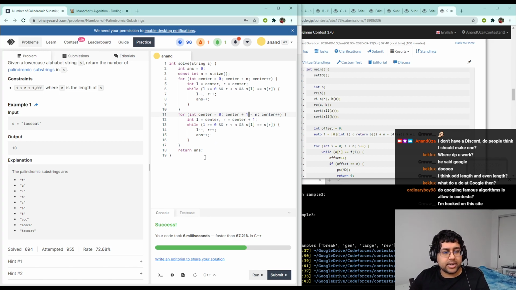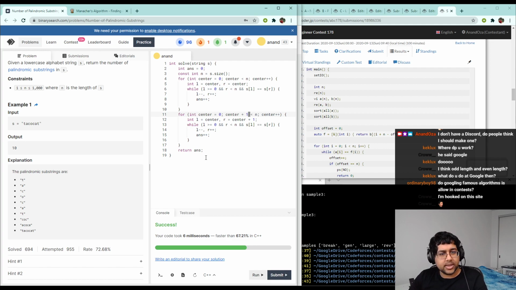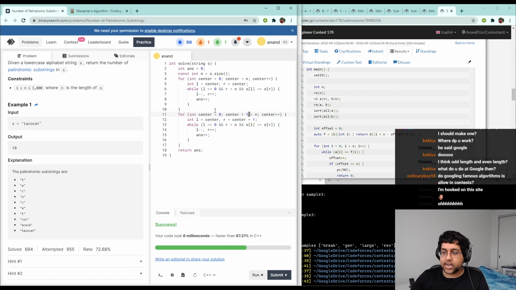So this is an n squared solution, but basically the idea is you consider all the center points and then you expand outward. If you want to check a string of length 5 to see if it's a palindrome, there's a string of length 3 inside it that you should have already checked, so you don't need to redo extra work.